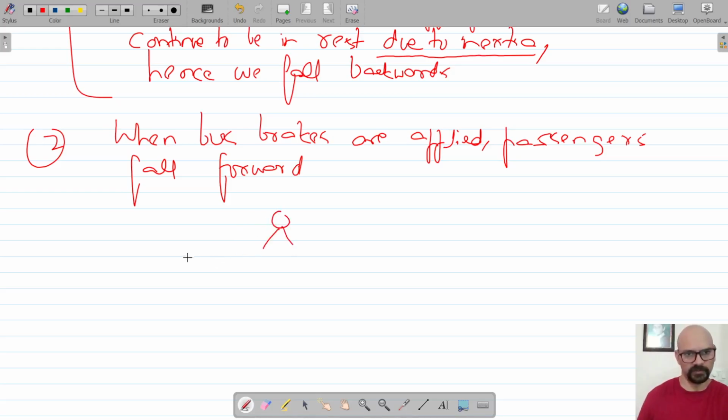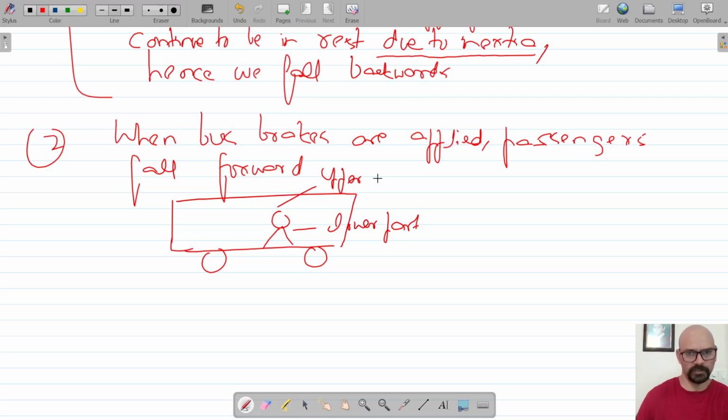Let's say this is the lower part of the bus where the passenger is in contact with the lower part of the body, and this is the upper part. Now, when the brakes are applied, because the lower part is in contact with the floor of the bus, this part will come to rest, but this will continue to be in motion, hence we fall forward.